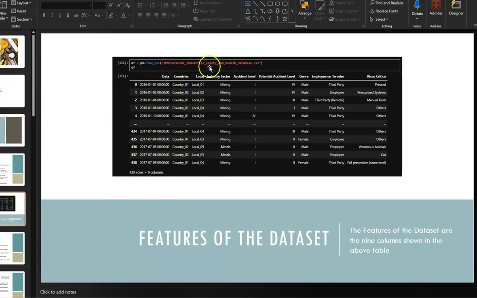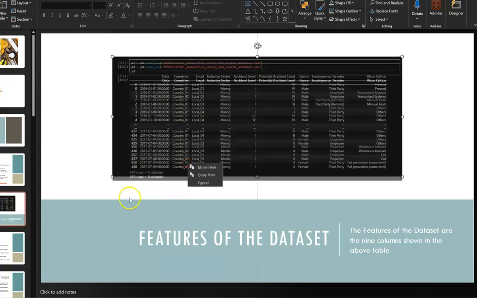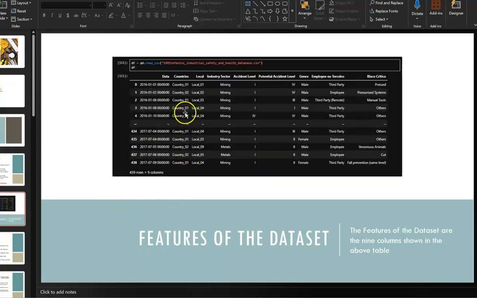The country is labeled in the second column, and the local is representing what plant it was. So each local is a different plant, and there's 12 plants in total. The industry sector tells you which it is. Some might be mining, some might be metals, some might be other industries as well.